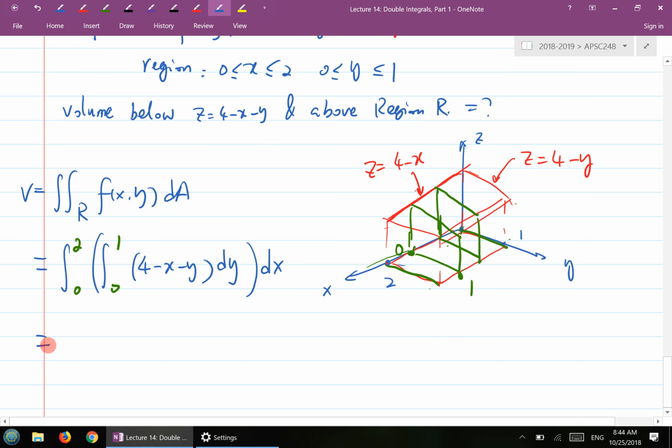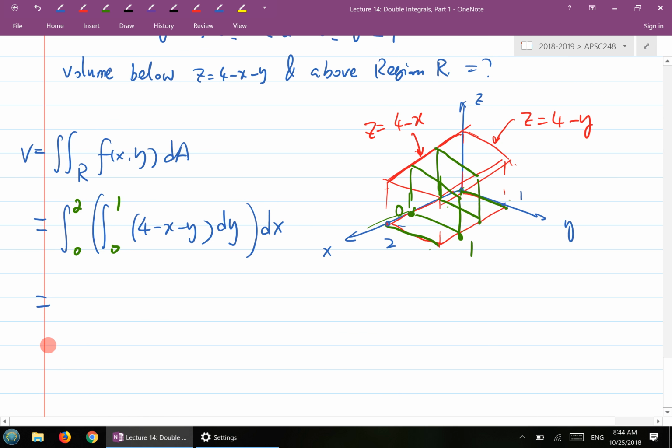Okay, so let's take a look at the calculation of the double integral, and this one should be very straightforward. You just have to calculate independently, and in the first integral you treat x as a constant. So for the first integral you get 4y minus xy minus 1/2 y squared, from 0 to 1, and then dx.